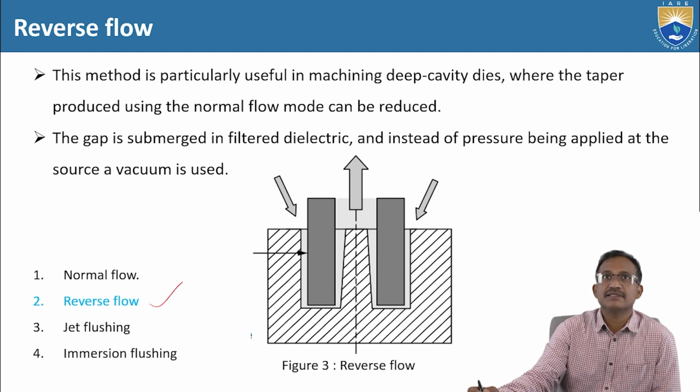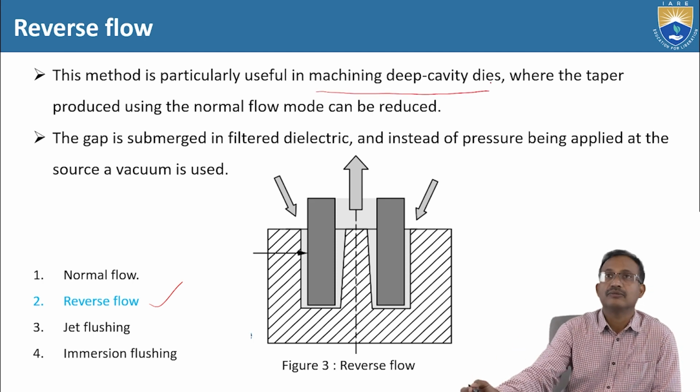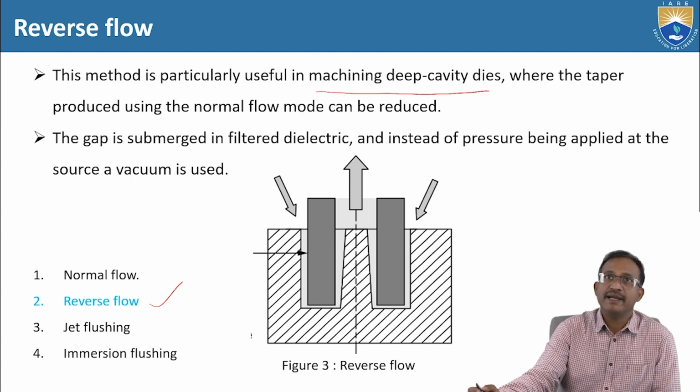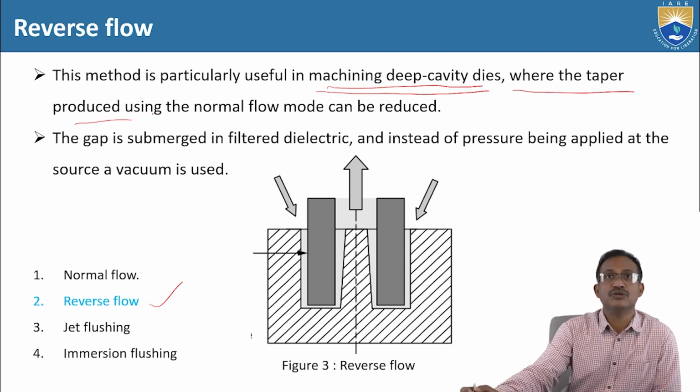This method is particularly useful in machining deep cavity dies, where the taper produced using the normal flow mode cannot be reduced.